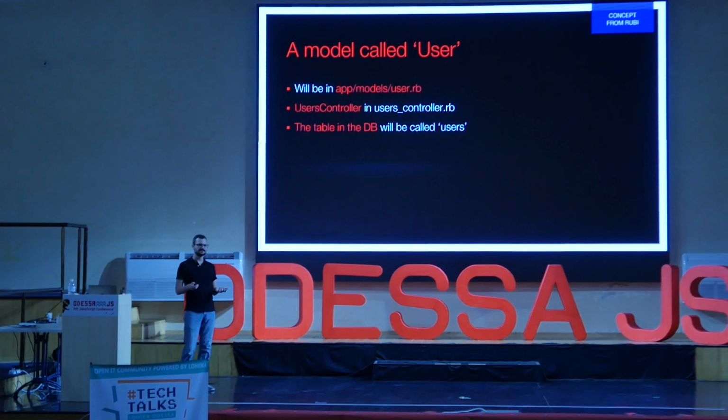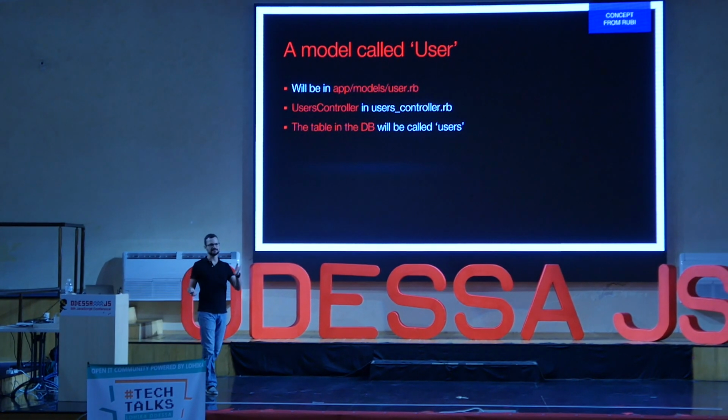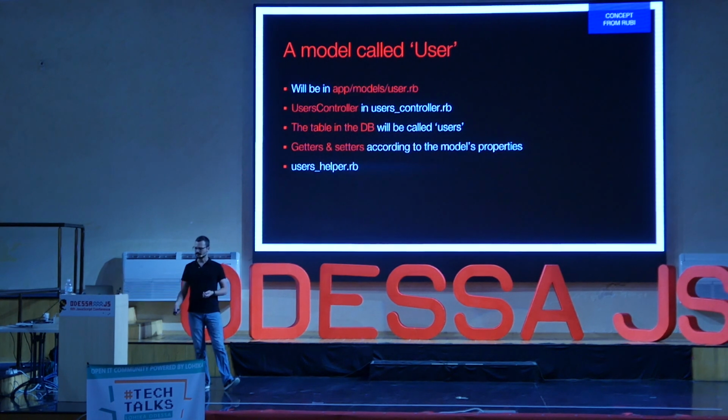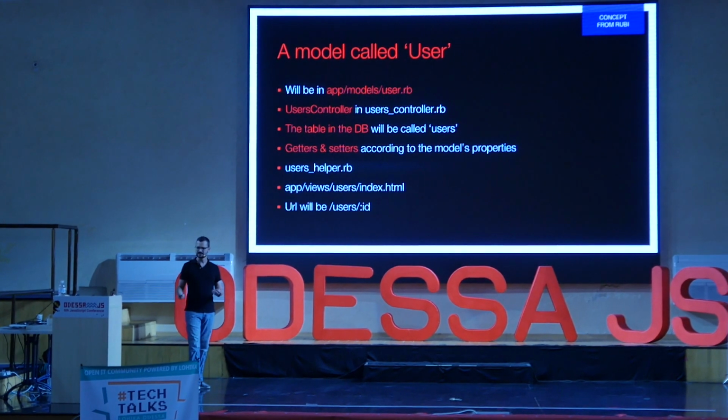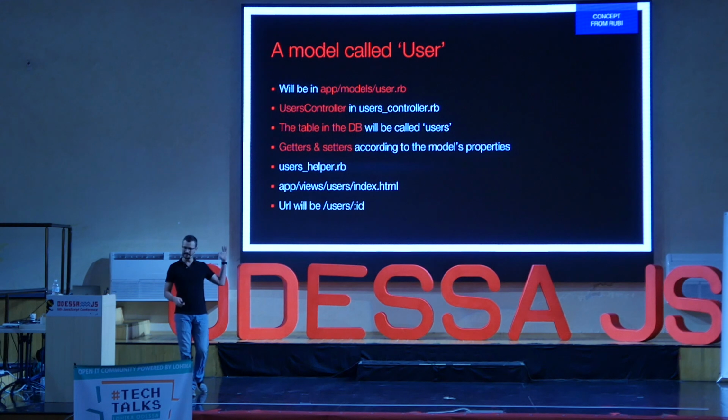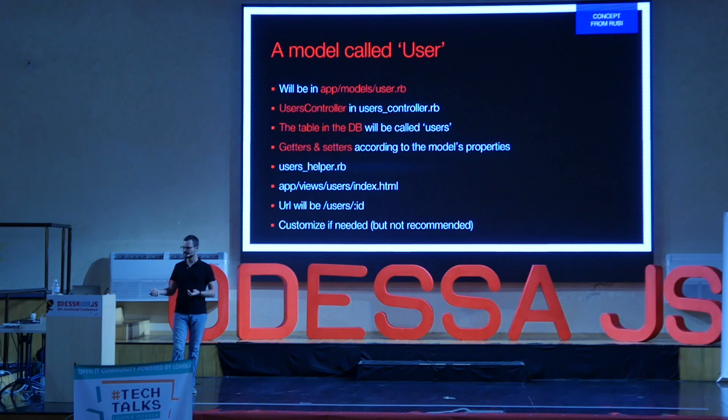The table in the database will be called users with ID as the main index. You'll have getters, setters, and a user helper for the view. The index files, the HTML files, are going to be in this same directory structure. And the URL will be /users and the user's ID, or /users to get all of them, for example.